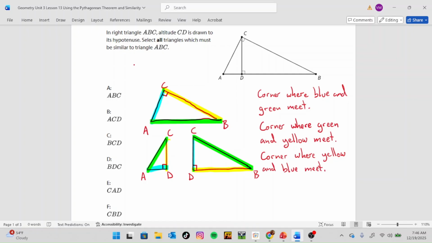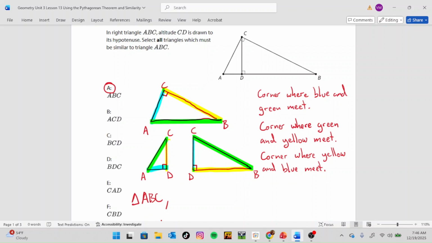So, in the original triangle, that was triangle ABC. So we know, obviously, ABC is similar to ABC.